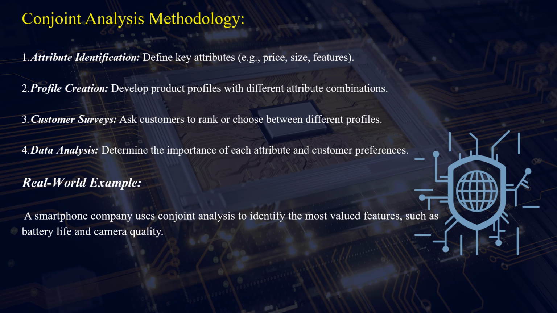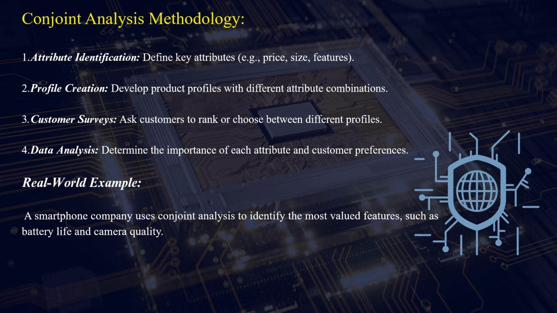These could be things like price, brand, design, or specific features. Next, create a series of product profiles that vary in these attributes. Customers are then asked to rank or choose between these profiles, which allows marketers to gather data on their preferences. The final step is analyzing the data to determine the relative importance of each attribute. This gives a business a clear picture of which features drive customer decisions.